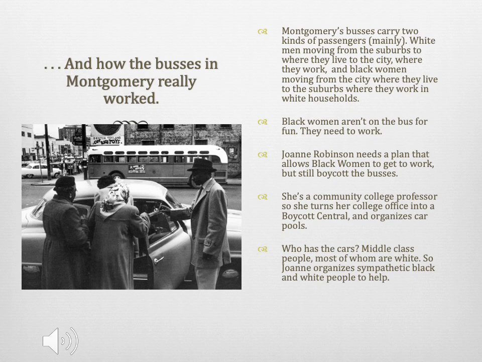Joanne Robinson is a member of the NAACP, so is Rosa Parks. And Joanne Robinson and some others, but she leads this group, recognize that you can't just ask women to stay off the buses. So what she does is she turns her office into kind of boycott central. She gets a big chalkboard on wheels into her office, and they put up a big chart on it.